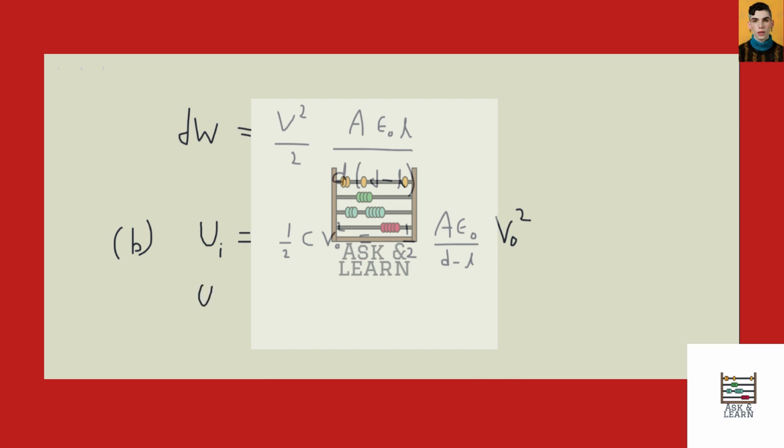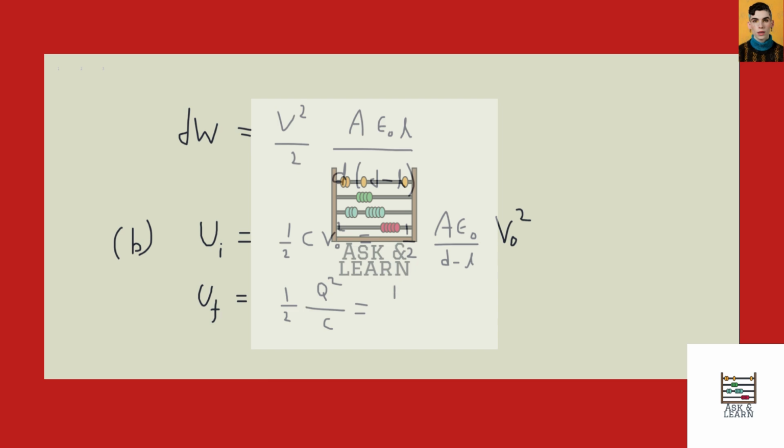Final energy in this case is half final capacitance. Since we can also use another formula for the energy, let's use that one, q square by c, because we have information about q square.